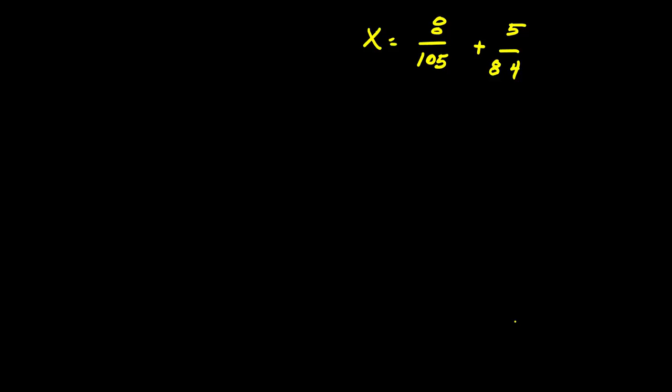The original equation was x minus 8 over 105 equals 5/84. And we solved that. We rewrote this as an equivalent expression. We zeroed out the 8/105 by adding the opposite, and we're left with this.